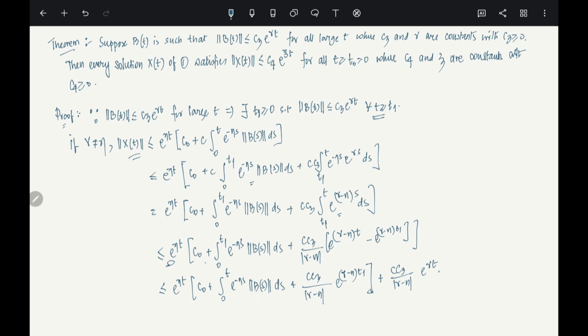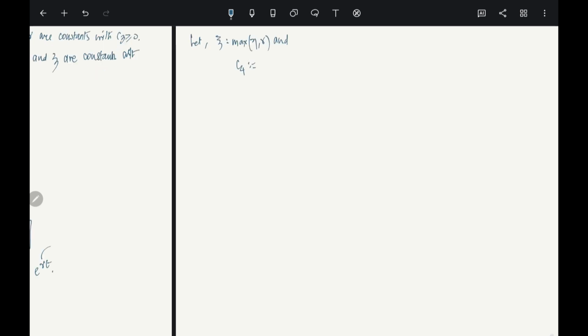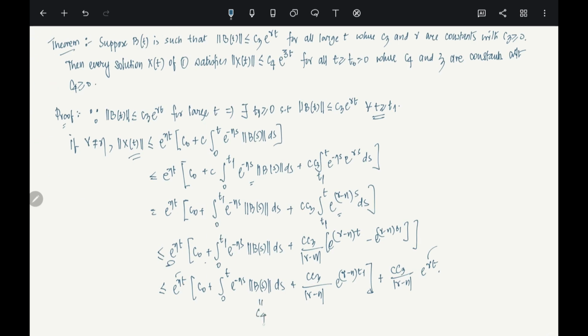So now you see we are more or less done actually. Yes. So you see, if you take the maximum of eta and gamma, let xi be the maximum of eta and gamma, and we define C4 to be this particular term, the whole term in the bracket.